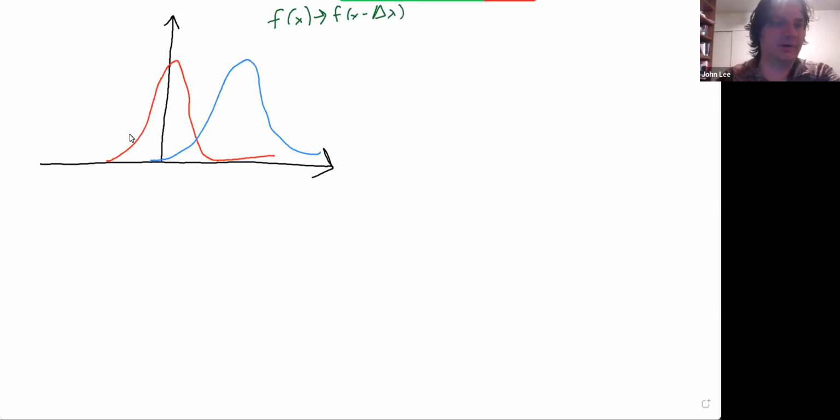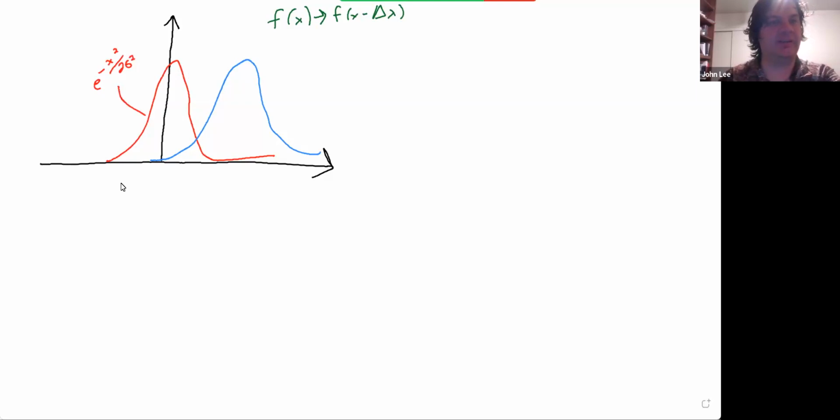For example, we have a Gaussian here which has the form e to the negative x squared over 2 sigma squared, where sigma is the standard deviation. It's just a constant.